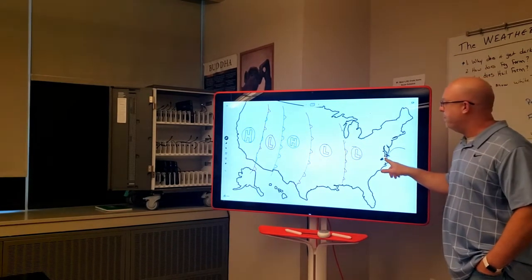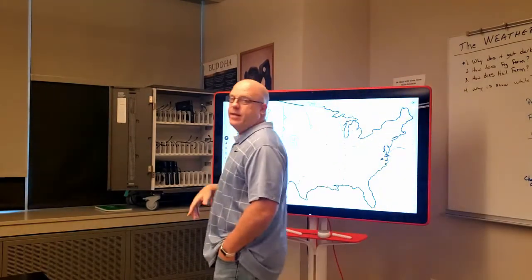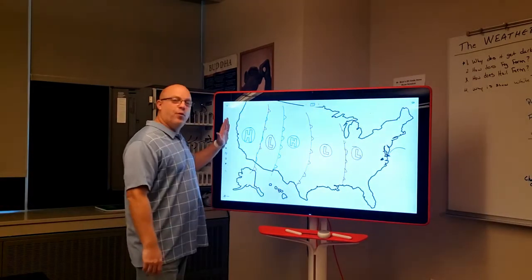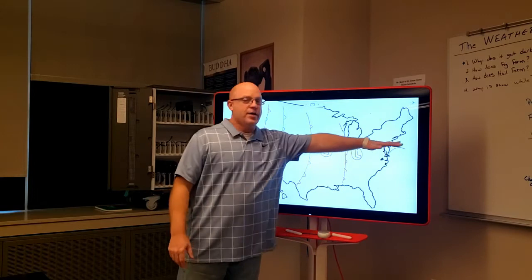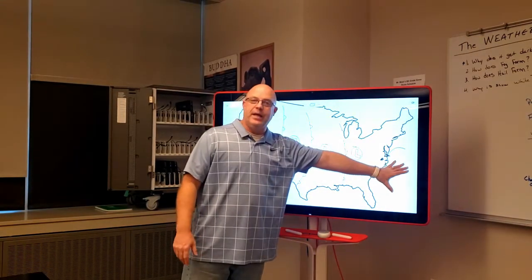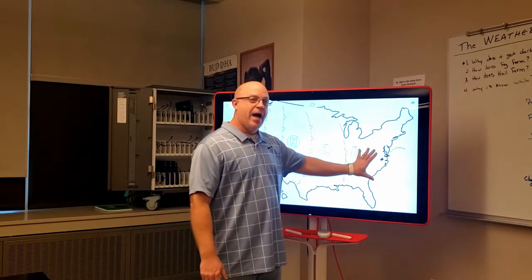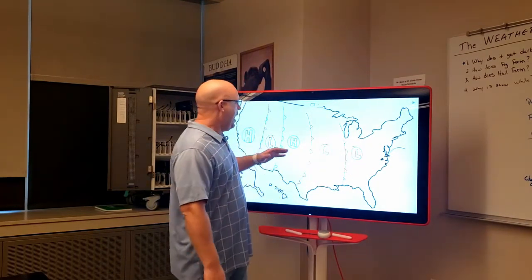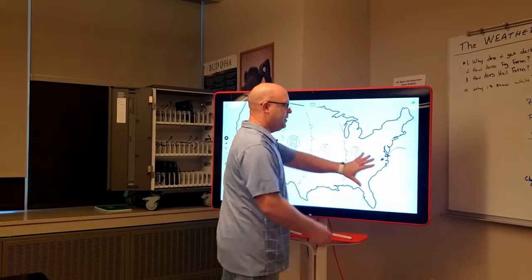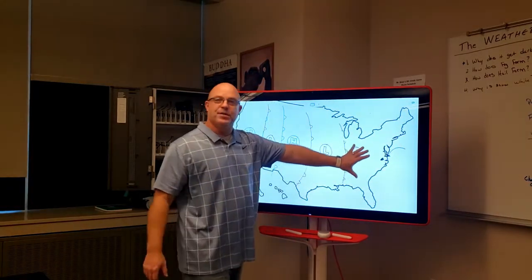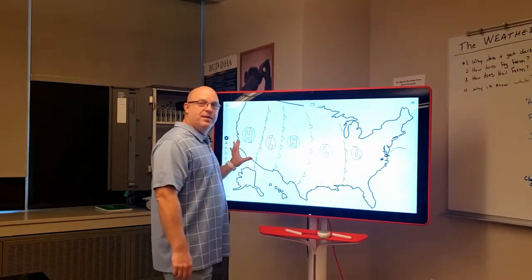I just put a dot there. The weather in the United States moves from California straight across the country to the East Coast. So what happens first, this will happen first, second, third, and it just starts moving across, and Washington, D.C. experiences the weather in the order that we see this.